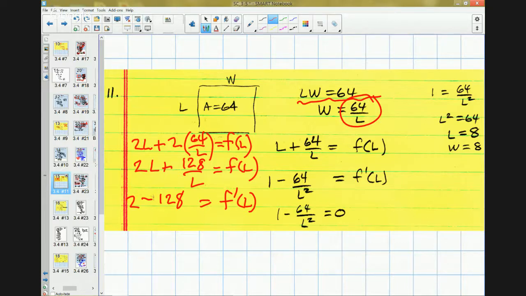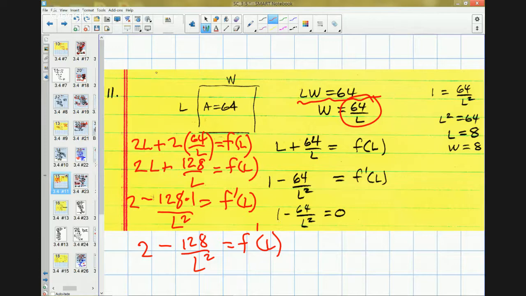Okay, I got goofed up here. Denominator times derivative of numerator minus numerator times derivative of denominator, which is 1, over denominator squared. So we're down to 2 minus 128 over L squared equals our derivative.